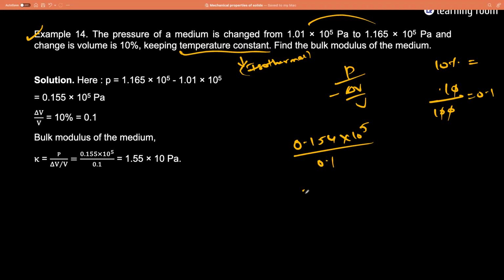Otherwise, 10 power minus 1. So 0.154 into 10 power 6. Mistake here, 10 power 6. 10 power 5, because it will be 1.54 into 10 power 5. That is going to be the bulk modulus.